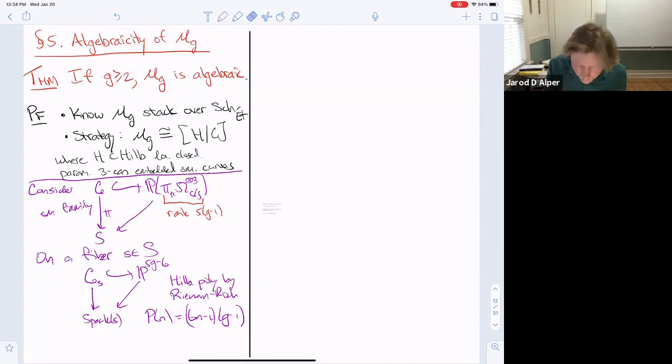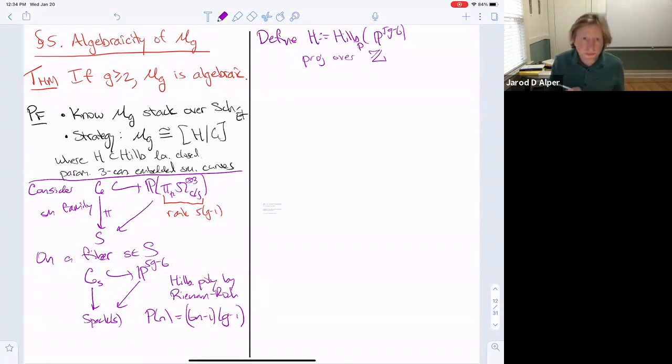Okay, and now let's define H as the Hilbert scheme in projective space of closed subschemes of projective space with Hilbert polynomial P. And this we know is projective over Z. And we also know by Grothendieck's theorem that it's representable, so we can take the universal family.